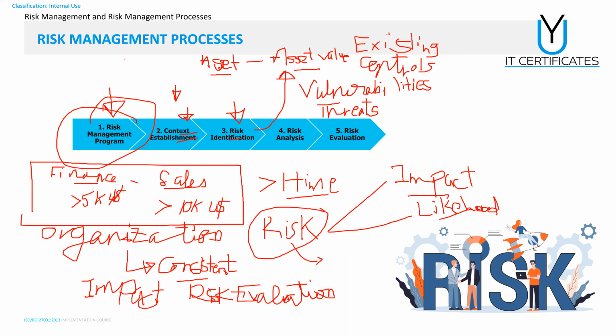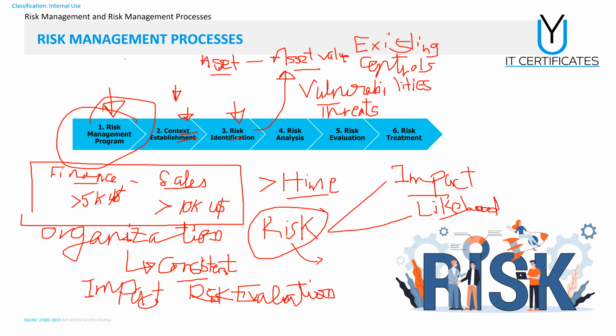We will accept it, and no further action will be required. But there are other risks which will be considered very critical, and we must have additional controls or mitigations to eliminate this risk and decrease its impact on the organization.